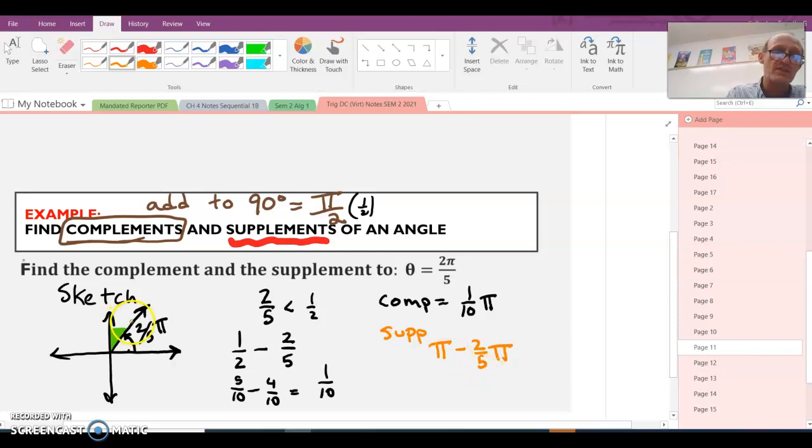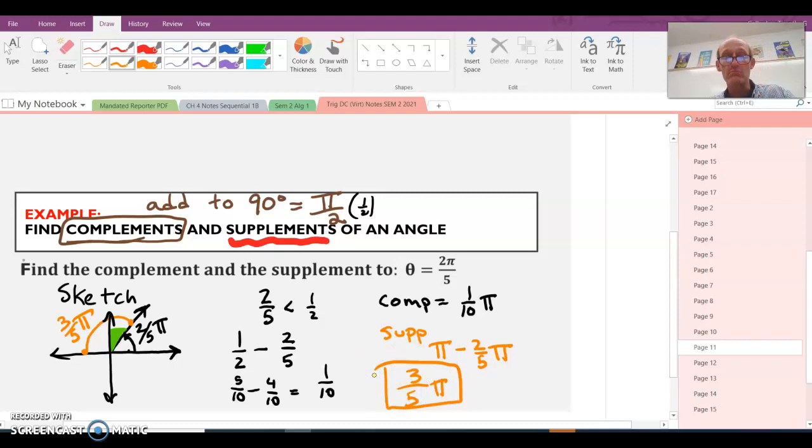That's this angle right here, and this angle is 3/5 pi. So the supplement is 3/5 pi. To figure out the supplement, you subtract the angle from pi. To figure out the complement, you subtract the angle from pi over 2.